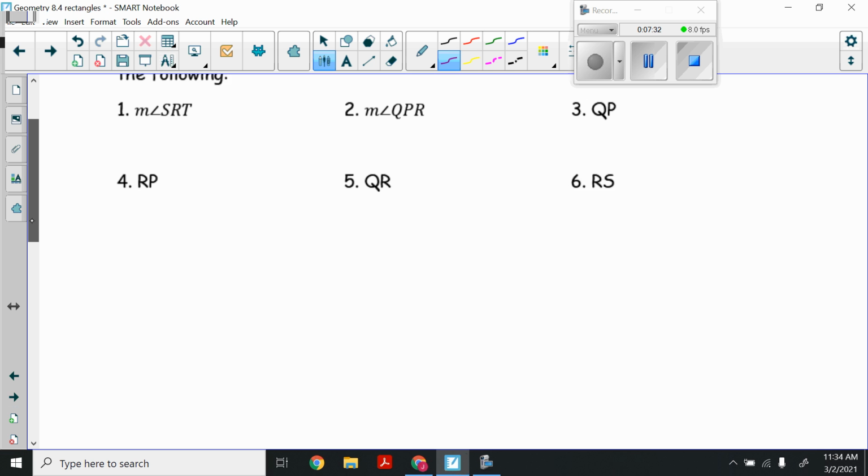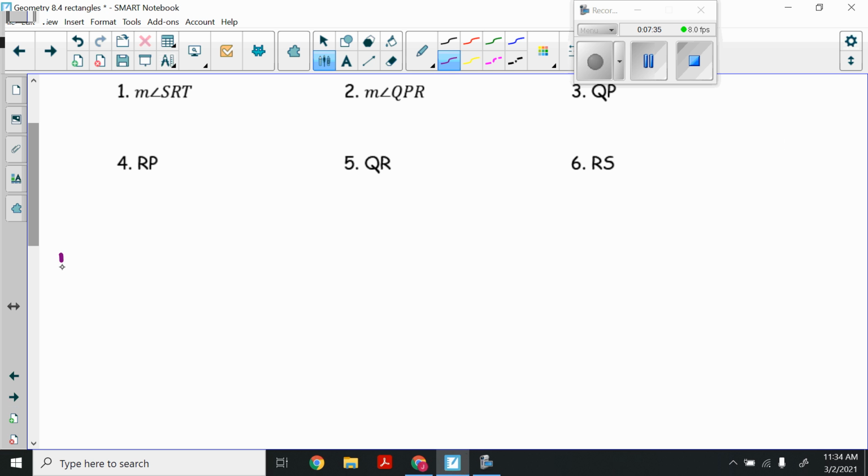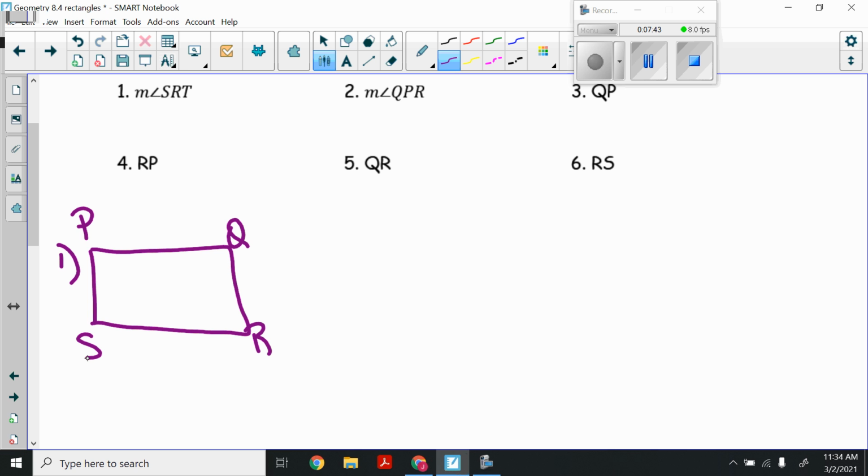So I'm just going to draw a picture of this. So for number 1, here's going to be my picture. Tell me angle PTS. So here's my diagonal. Angle PTS is 34.